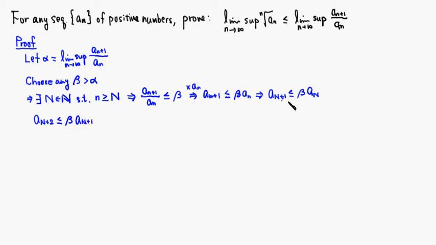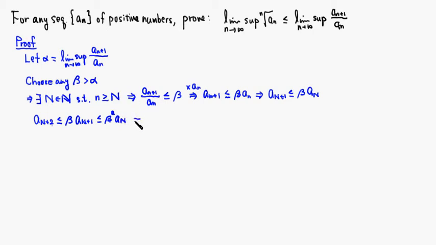But if you plug this in here, this is less than or equal to beta squared a_N. You can keep on doing it, so a_{N+3} is less than or equal to beta cubed a_N.